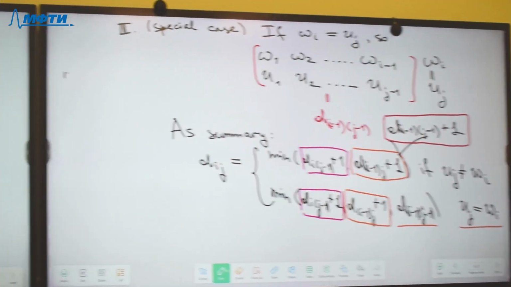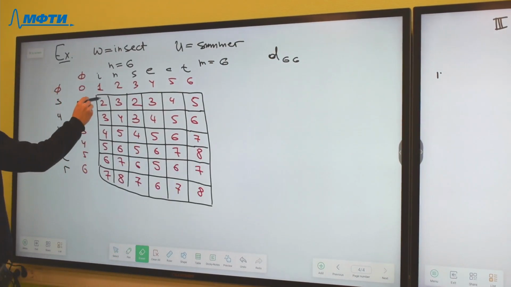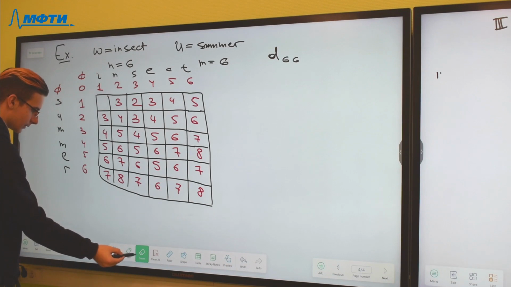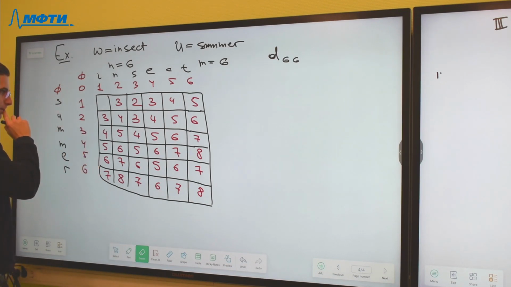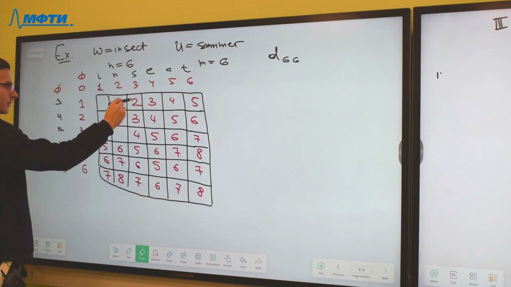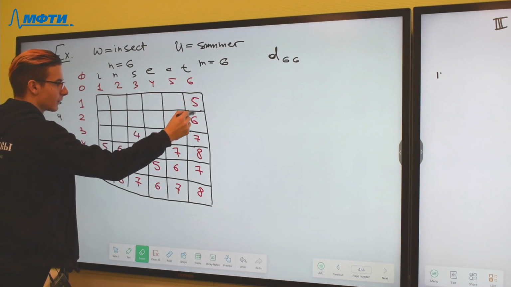And so in the example, I need to erase some numbers. For example, here it is equal to 1 because of this. Yeah, we need to erase, unfortunately, all of these characters due to my mistakes.